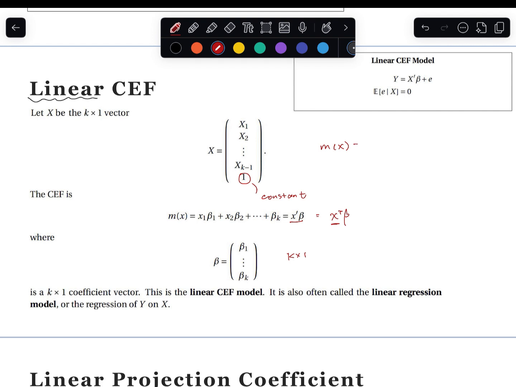And we can write this like m(x) is, which means this, x1, x2, up to x(k-1), and 1, and then beta.